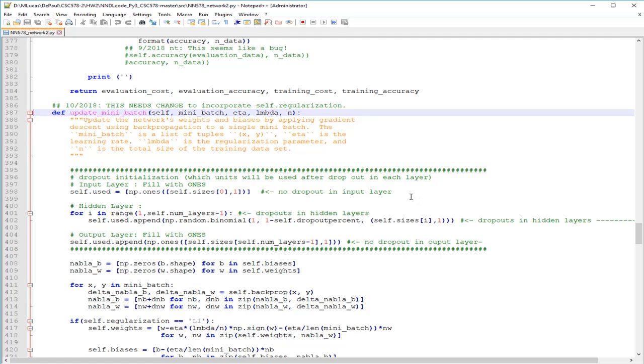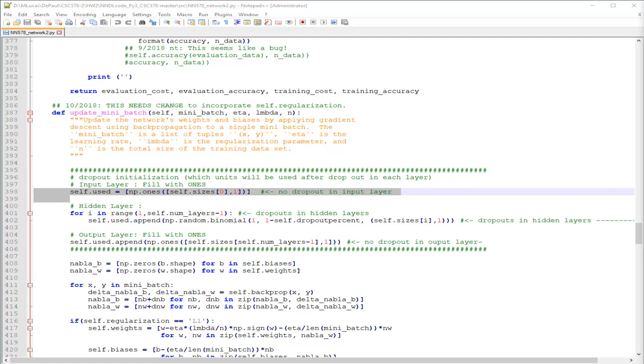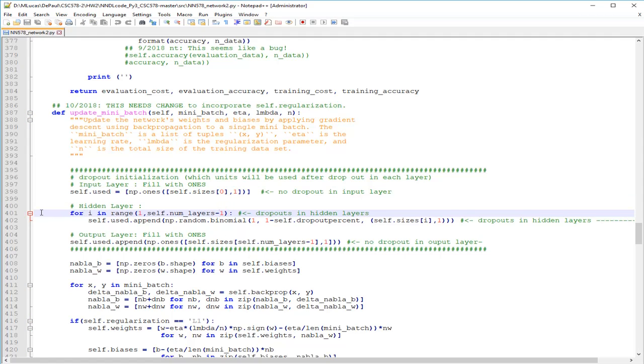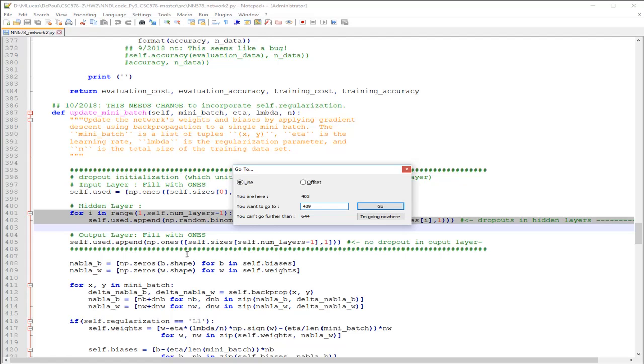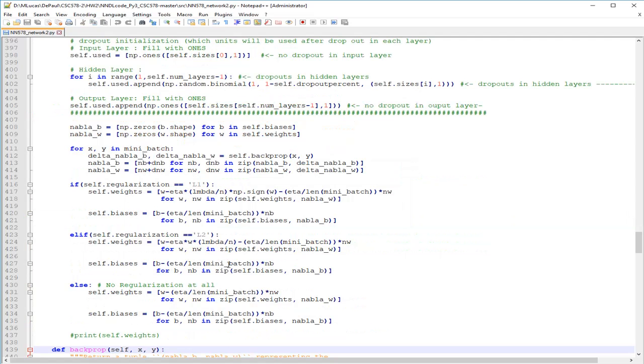Here, notice that I'm not setting up anything in the input or the output, but I am placing information in the hidden layers for the neurons that are going to be dropped. But the final usage of the used extractor, the zeros or ones in that extractor, is included in the backpropagation function.